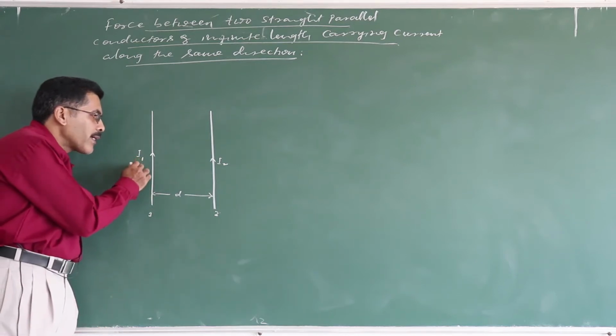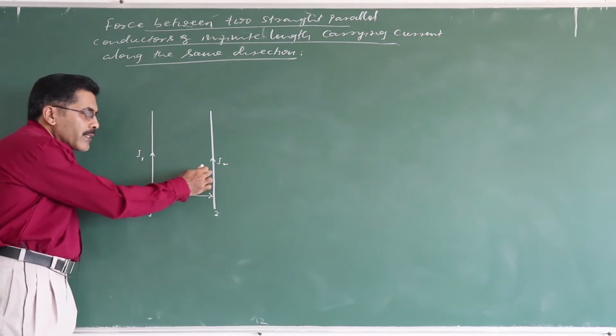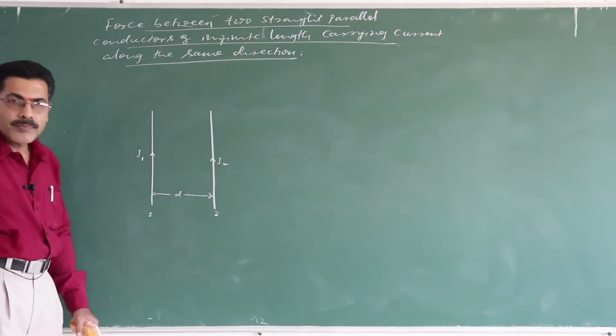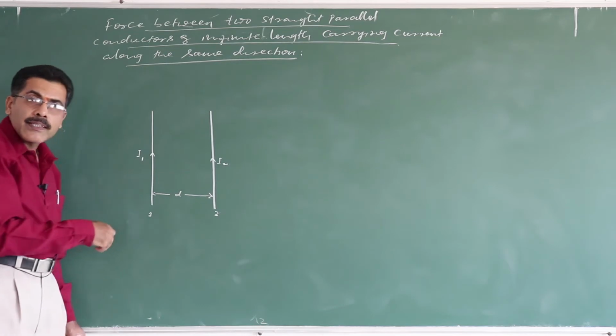What is the magnetic field at some point P here, due to the current carrying conductor?